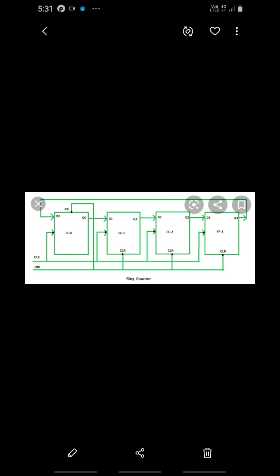So here the flip-flops are arranged as in a normal shift register, that is, the Q output of each stage is connected to the D input of the next stage, but the Q output of the last flip-flop is connected back to the D input of the first flip-flop, such that the array of flip-flops is arranged in a ring, and therefore the name ring counter.